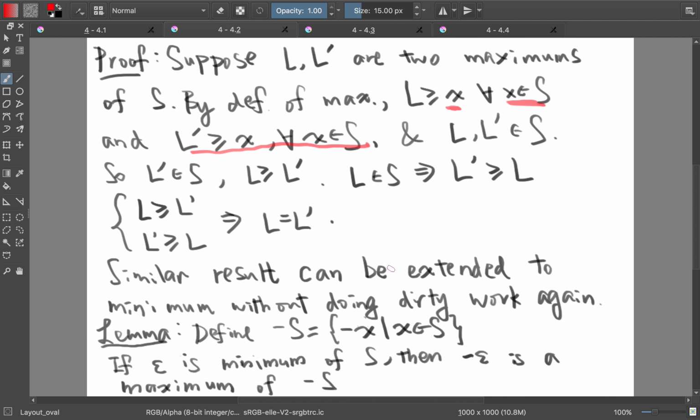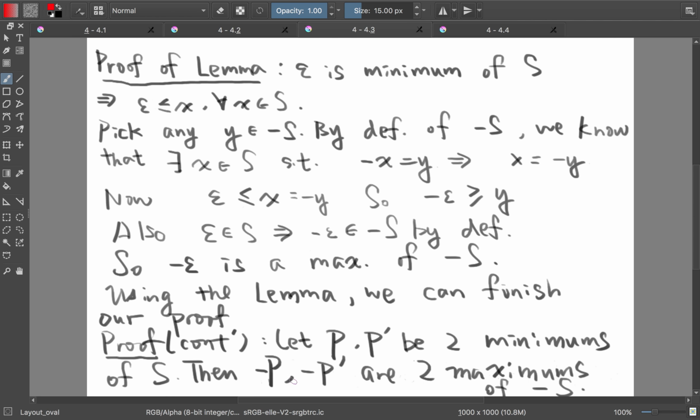How can we prove it? First of all, if epsilon is the minimum of S, then that means epsilon is less than or equal to X for all X inside S. To prove the statement, we need to prove that for any Y inside negative S, Y can be bounded above by negative epsilon.